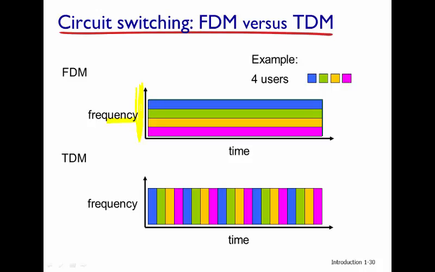You break it into multiple smaller frequency bandwidths to serve users. Time division multiplexing is to break, it's like time sharing, right? And they combine these two also, FDM and TDM.